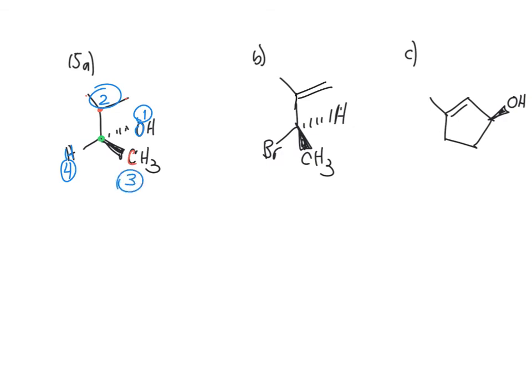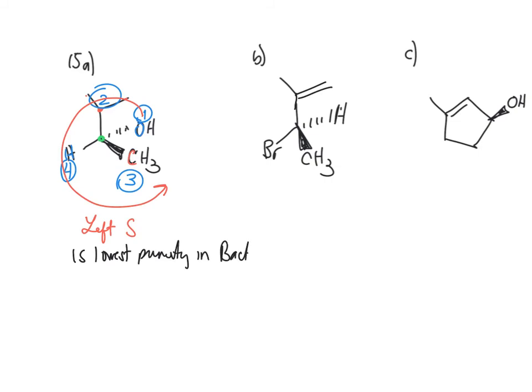We assign our priorities, and then we connect the 1, 2, 3. You're turning the steering wheel to the left, so that's S. Now do your check: is the lowest priority in back? This is easy to do when you have it on the dash or the wedge. But what if you have it on the plane?